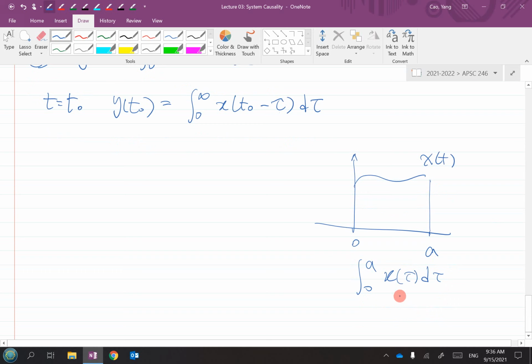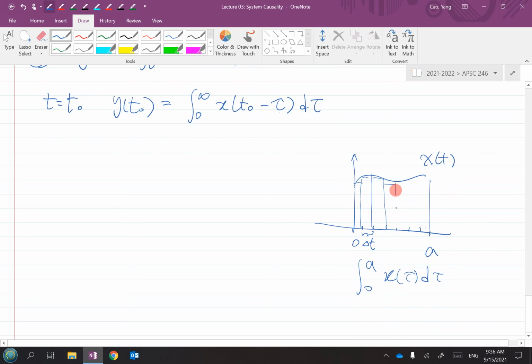What you do is you create many small rectangular intervals. Each one of these you can call a delta t. And then you can create rectangular boxes.